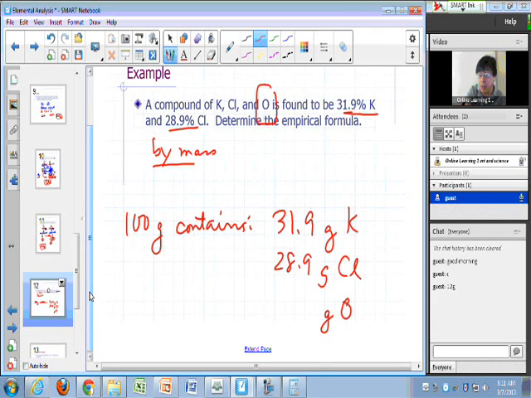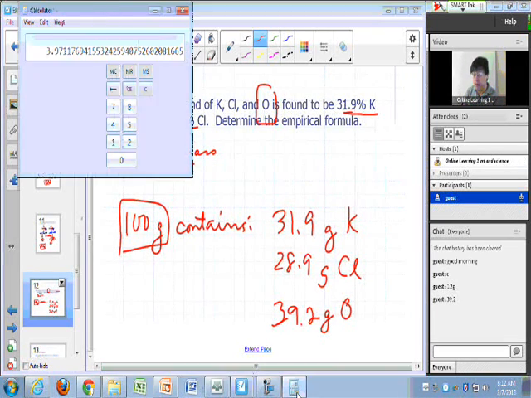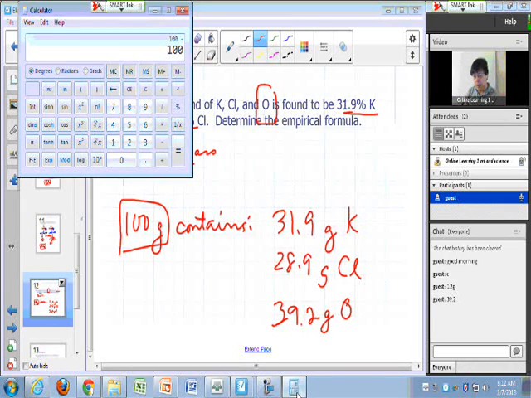Well, all those should add up to 100, right? So how much oxygen do we have? 39.2? Okay. Let's verify that. 100 minus 31.9 minus 28.9 is 39.2.